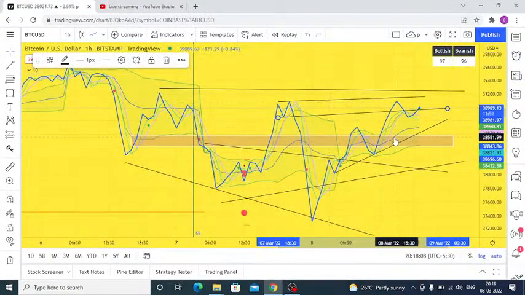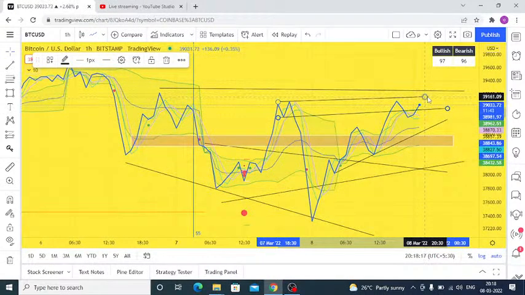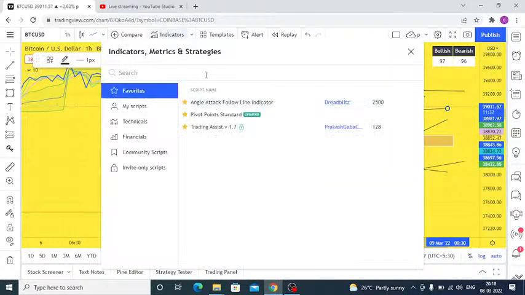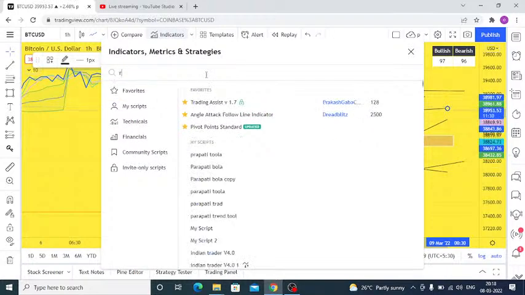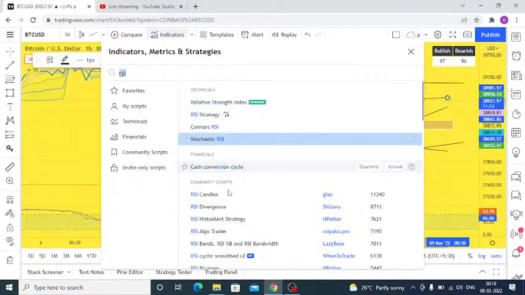For now, we are just gazing at the first target of 137. It had already given that. Then if this resistance crosses, now what is if and what is but, what is if and only but? We should go for at least RSI, relative strength, and I will go for this.